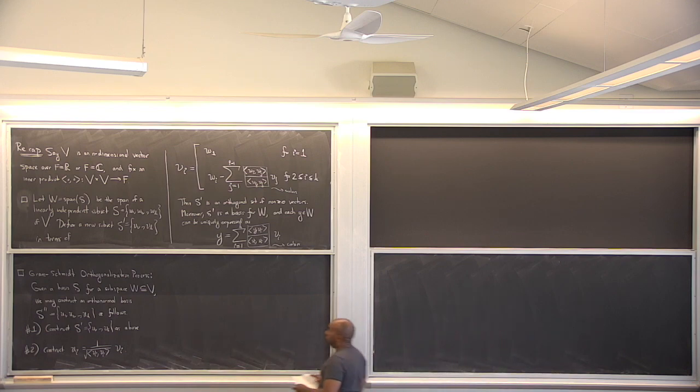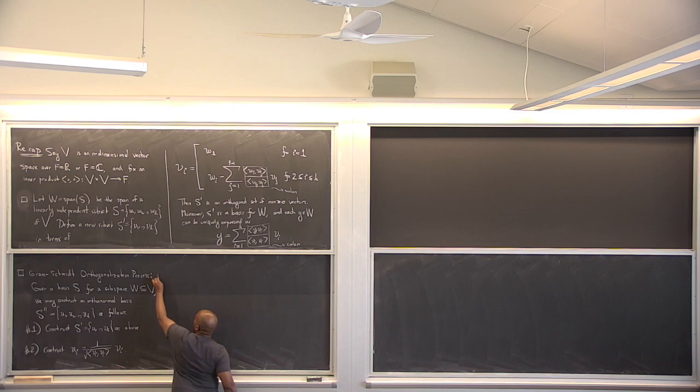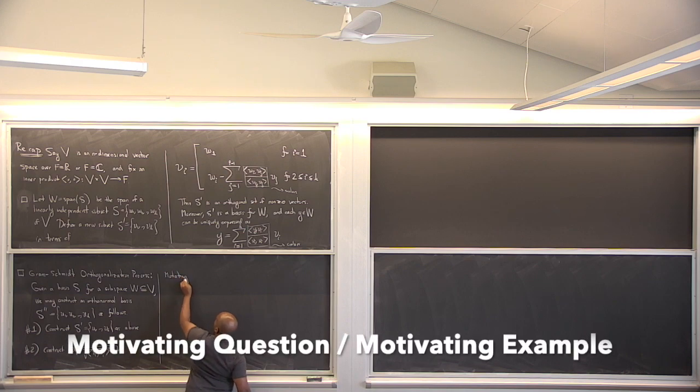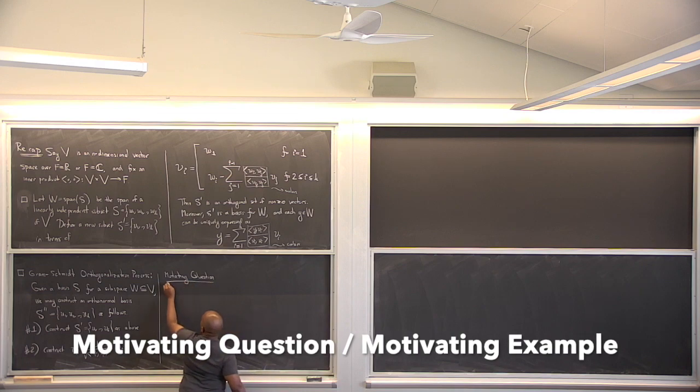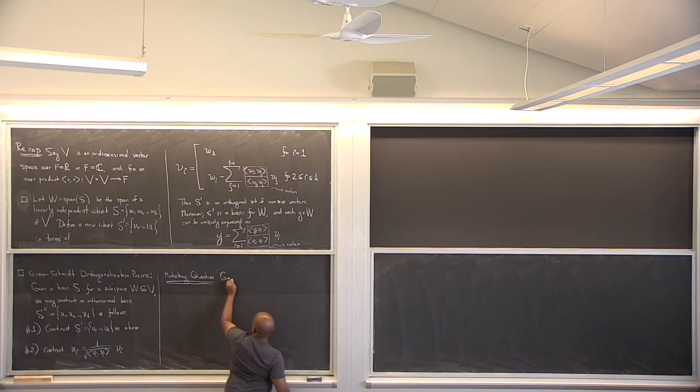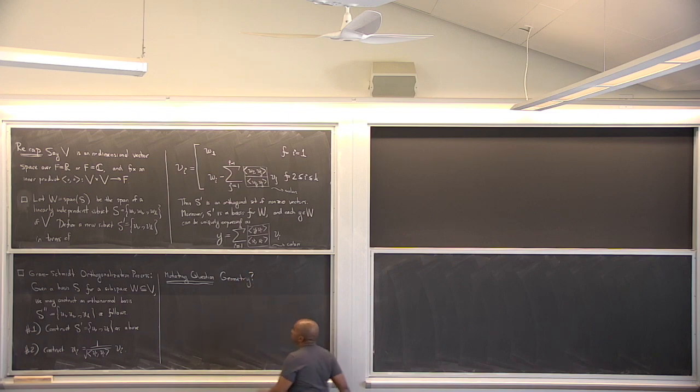Now, before I get too far in all of this general theory, I really want to ask a very simple motivating question. Simply put, what's happening with the geometry here? We've written all of this, but there should be some pictures that we can draw.